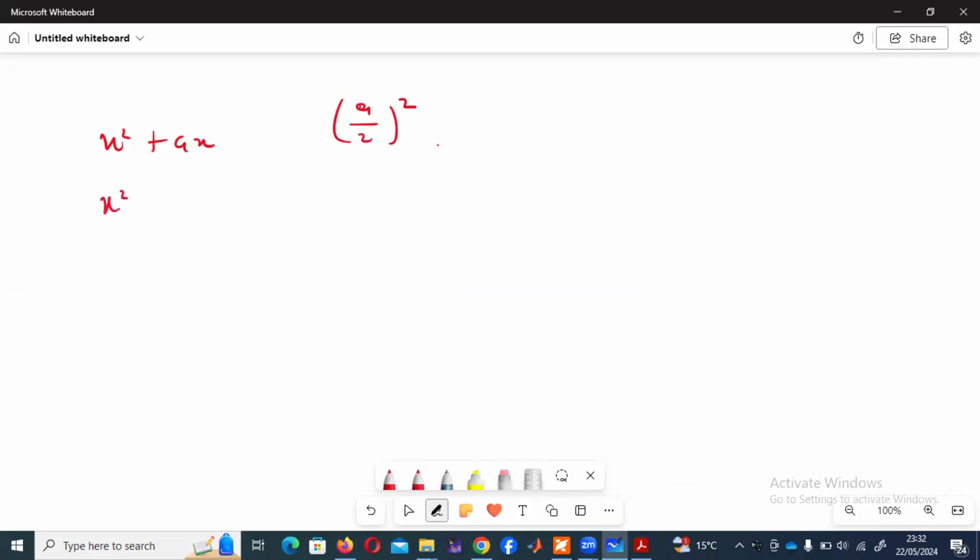So this is like saying x squared plus ax plus (a over 2) squared minus (a over 2) squared. You can see that adding and subtracting (a over 2) squared is like saying you have added 0. So that's exactly what you are going to see most times in these things that we're doing. You have to do so many additions and subtractions.